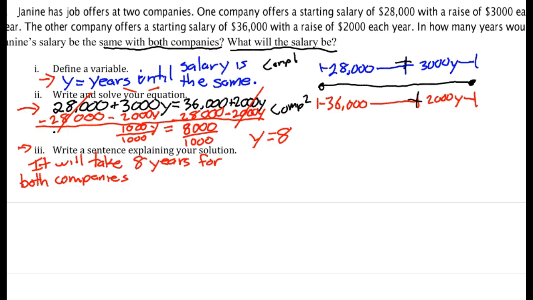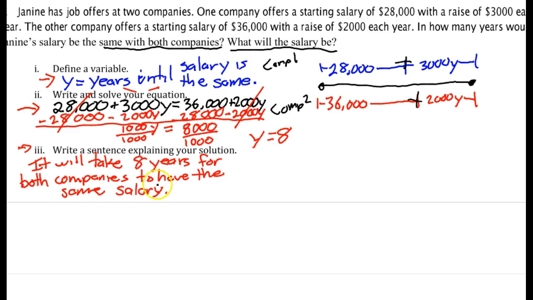Well, it's 8 what? 8 years. 8 years for what? Knowing what your answer means is probably more important than actually getting the answer. If you got somebody that has an answer, but they're like, well, I don't know what it means, it's just an answer, it's not really valuable. 8 years for both companies to have the same salary.